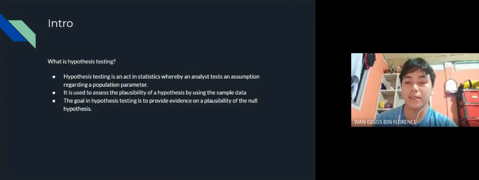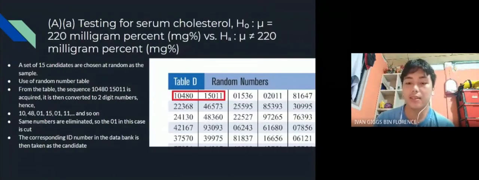Hypothesis testing is also used to assess the plausibility of hypotheses by using sample data. Such data may come from a larger population or from a data generating process. The whole population will be used for both cases in the following description.